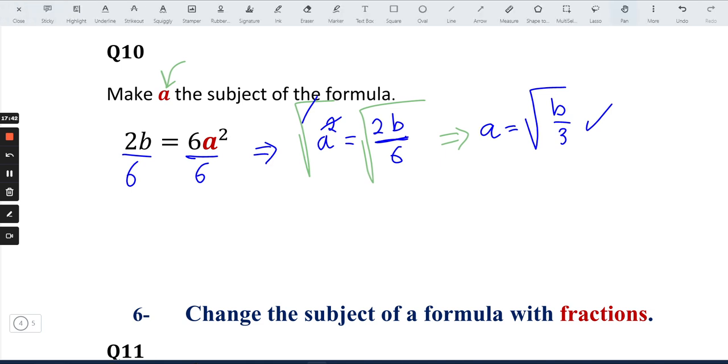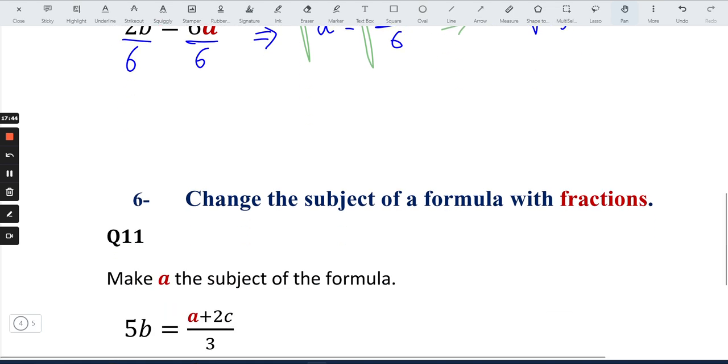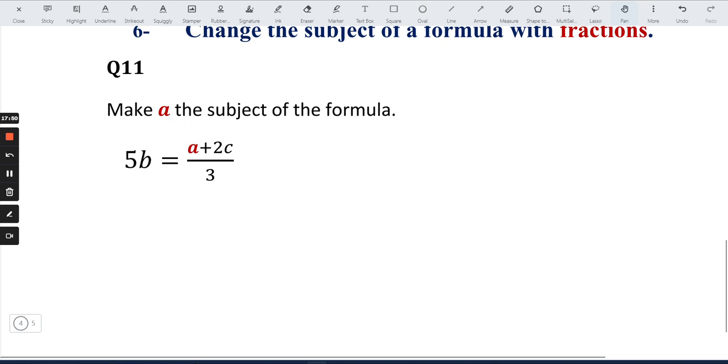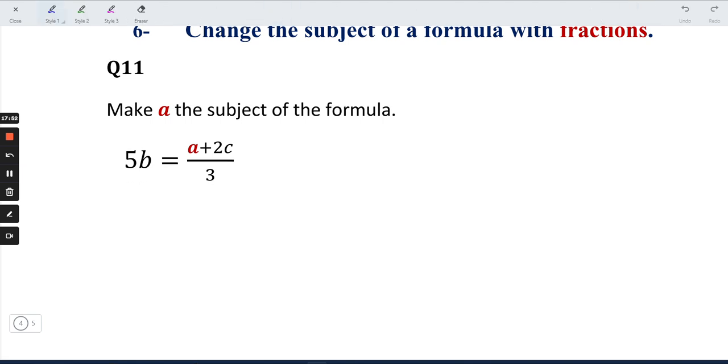Now another skill. We have to change the subject of the formula with fractions. With fractions, also it's easy: cross multiplication. So here make a the subject of the formula. This is a here, and here is a, our target. We need a isolated on one side.